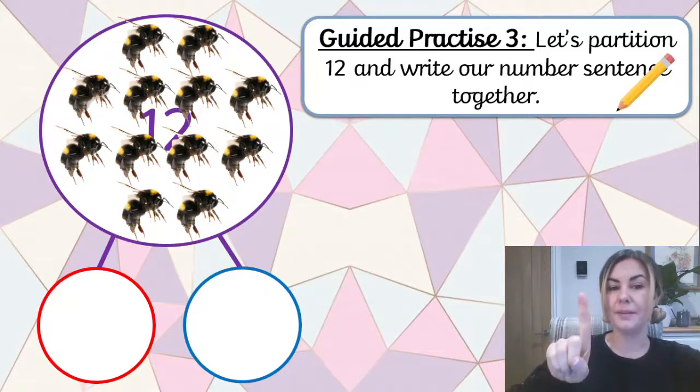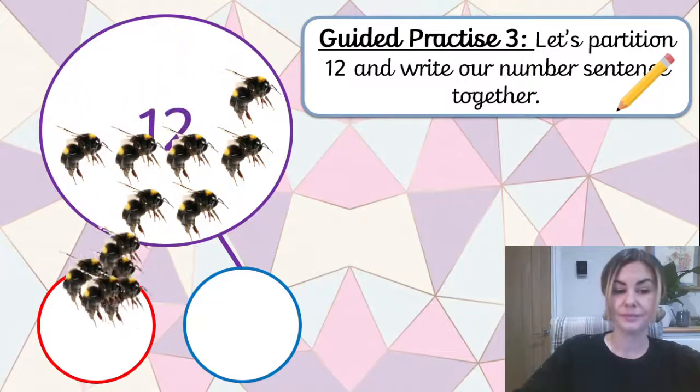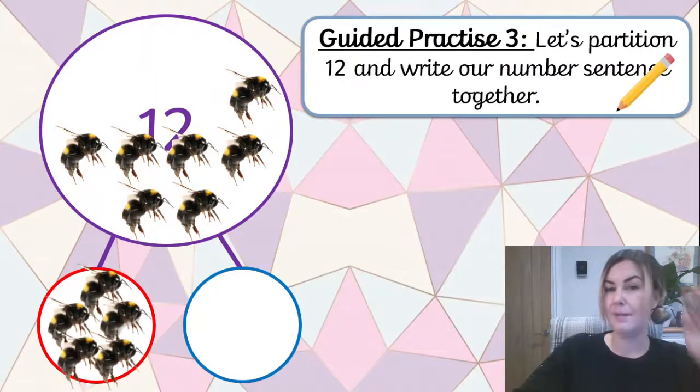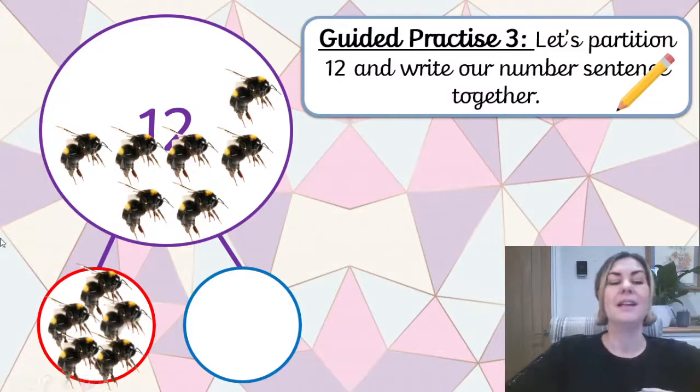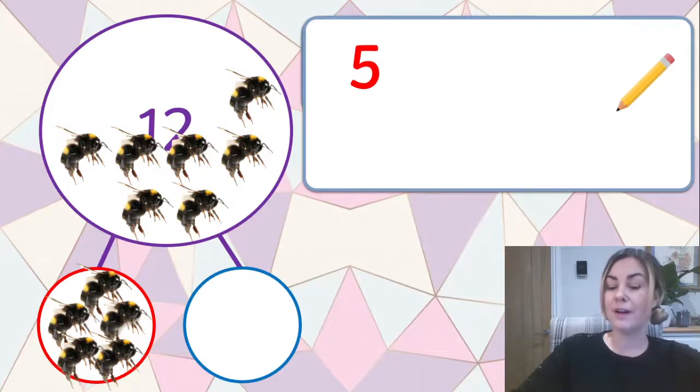Step 1. Move some of your objects into the red section. How many bumblebees are in the red part? Let's count. 1, 2, 3, 4, 5. I'm going to write down 5 and my add symbol.